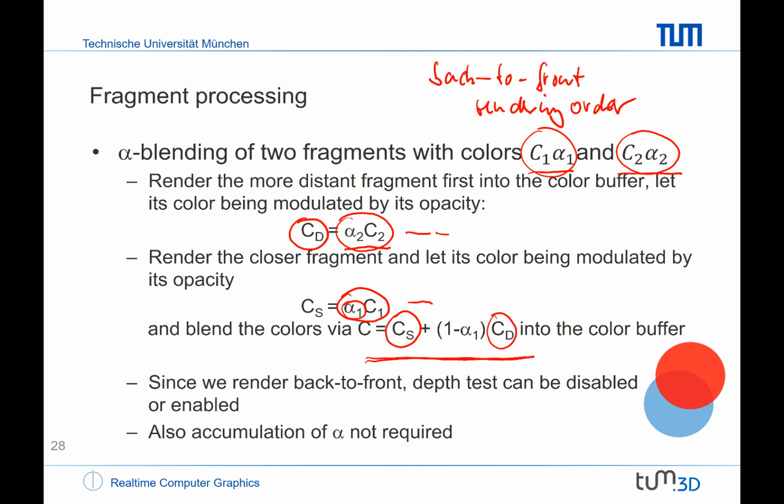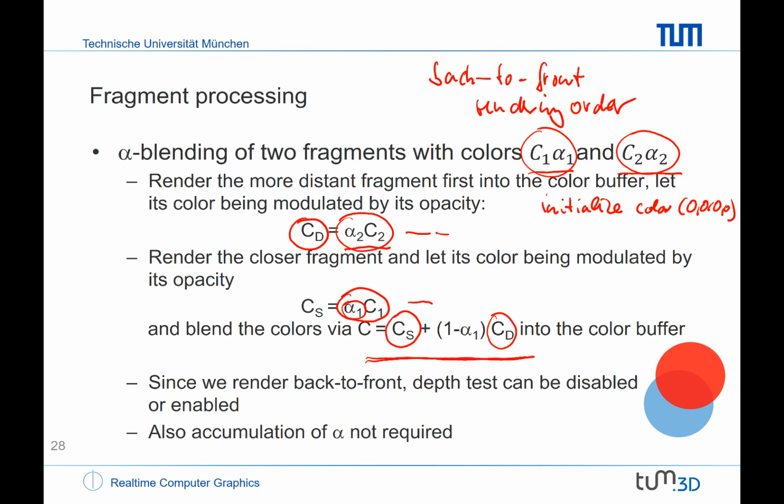And therefore we initialize the color with 0, 0, 0, 0. So we set all the colors and the opacities initially to 0.